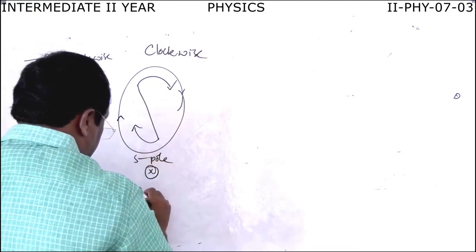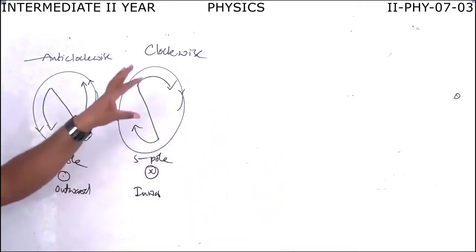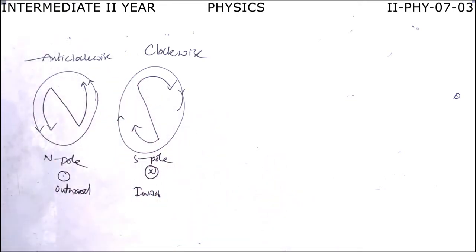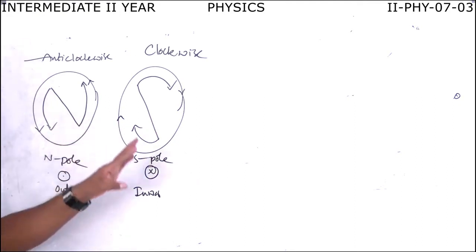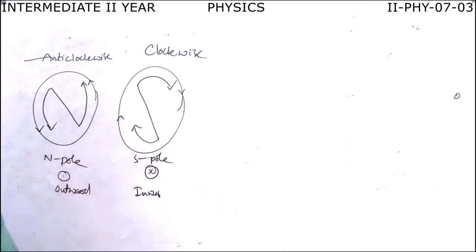So the direction of magnetic field is inwards to the coil, perpendicular to the plane of the coil, but inwards. So north pole, south pole. That is why the current carrying coil behaves like a magnet.